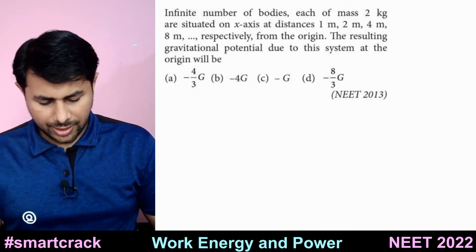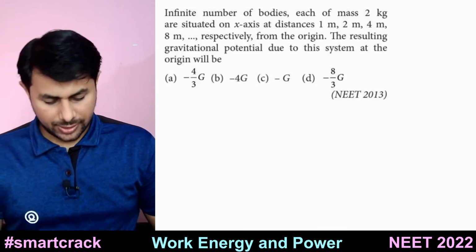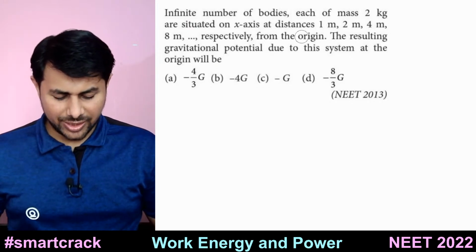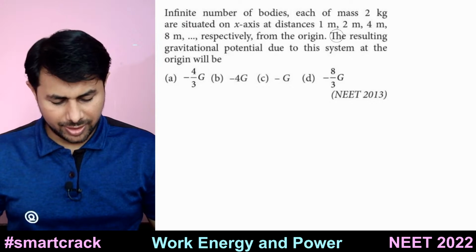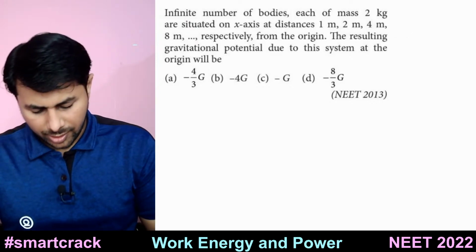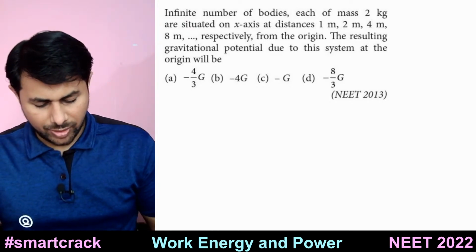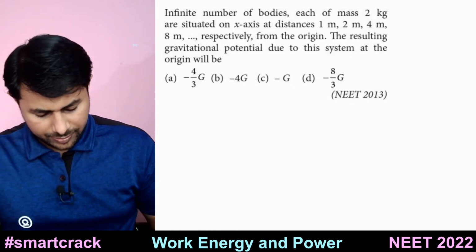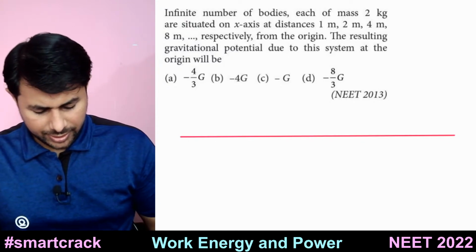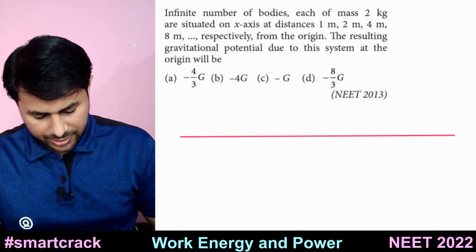The next problem is: infinite number of bodies, each of mass 2 kg, are situated on the x-axis at distance 1 meter, 2 meter, 4 meter, 8 meter respectively from the origin. So we have infinite number of bodies. They are situated on the x-axis at these distances.